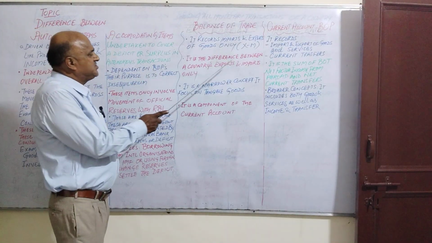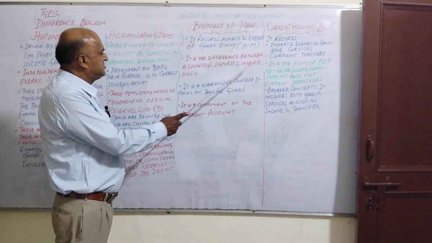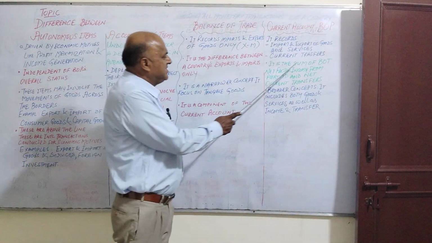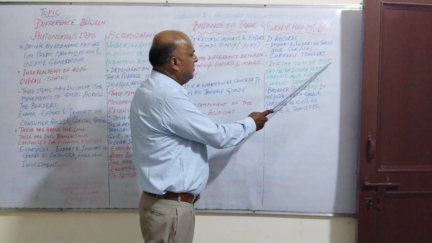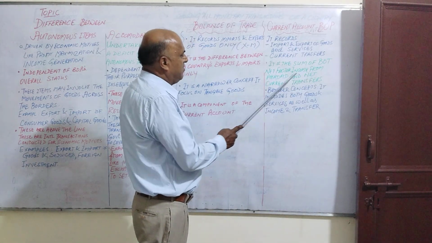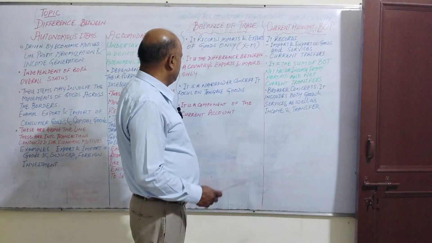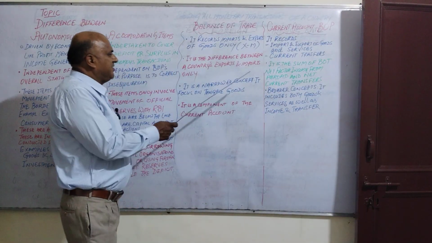Here it is the sum of balance of trade, net factor income from abroad, and net current transfers. So these are the two differences.